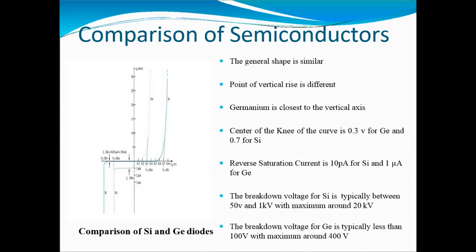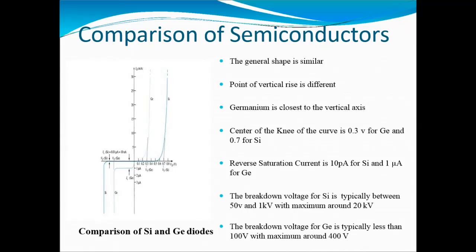That's why 0.3 volts is called the knee voltage, the threshold voltage, the cut-in voltage of the germanium diode. Are you understanding? 0.3 volts is the cut-in voltage for the germanium diode, and 0.7 volts is the cut-in voltage of the silicon diode. Please remember, very, very important from a general point of view.